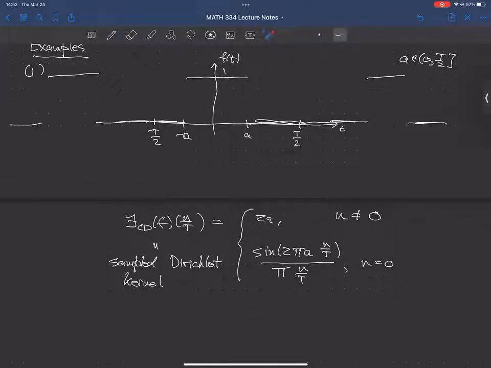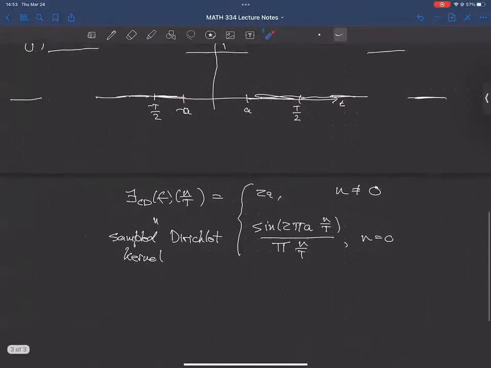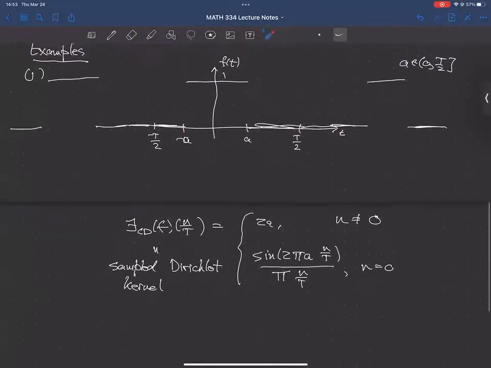You can see here that as you increase a, that increases the frequency of the argument here. In terms of the Dirichlet kernel, as you increase a, it corresponds to taking this behavior and focusing more and more about 0. But you can only make a so big, namely T over 2.